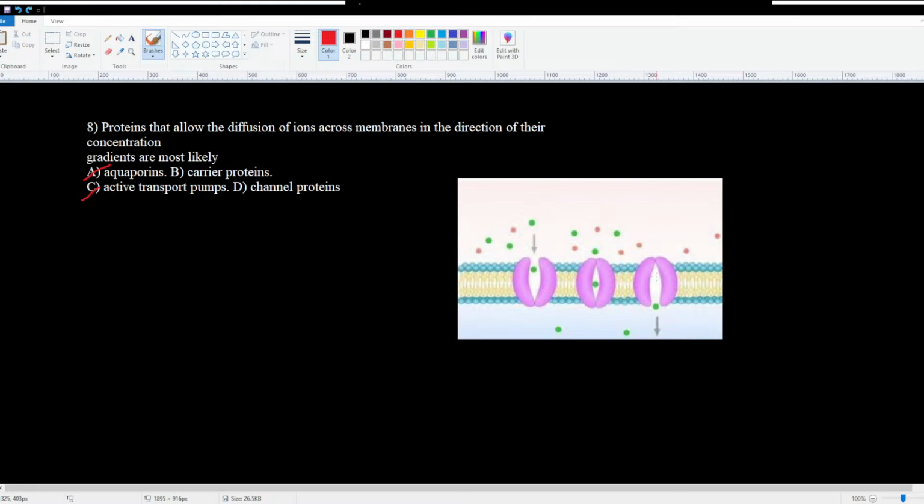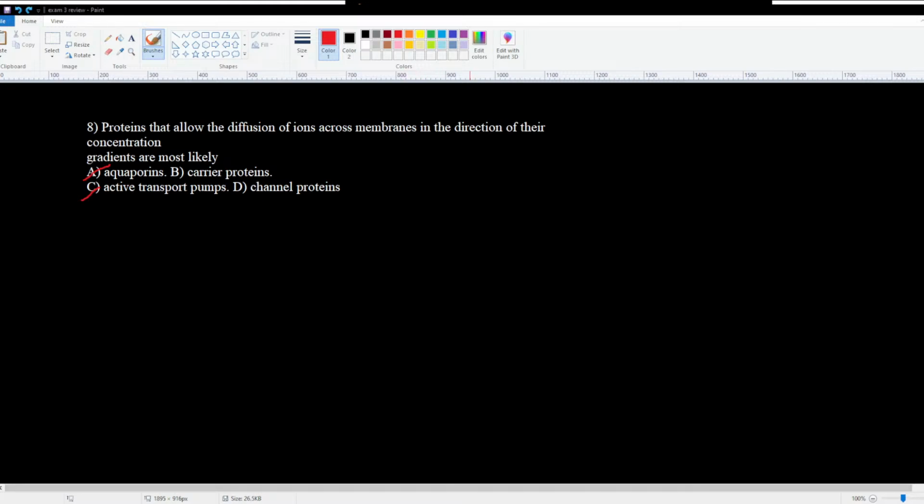In that sense, it's not necessarily active, but there's still some sort of activity going on. But since we're still moving from high to low, it's still going to be passive diffusion, versus a channel protein. Let me pull up a picture of a channel protein.